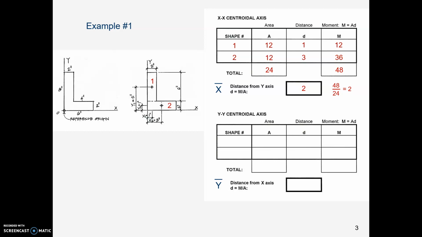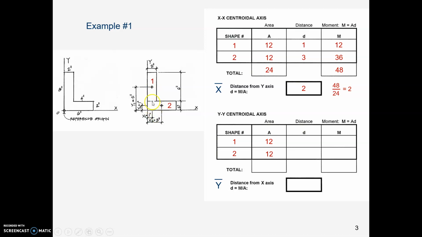Now let's look for y bar. Where is the location in the y direction? First, our two shapes, 1 and 2, they haven't changed. They still have the same area, so we can just fill in their areas. But the distance now is going in the y direction. So how far is it to the centroid of shape 1? It is sitting on top of this 2-inch high leg, isn't it?